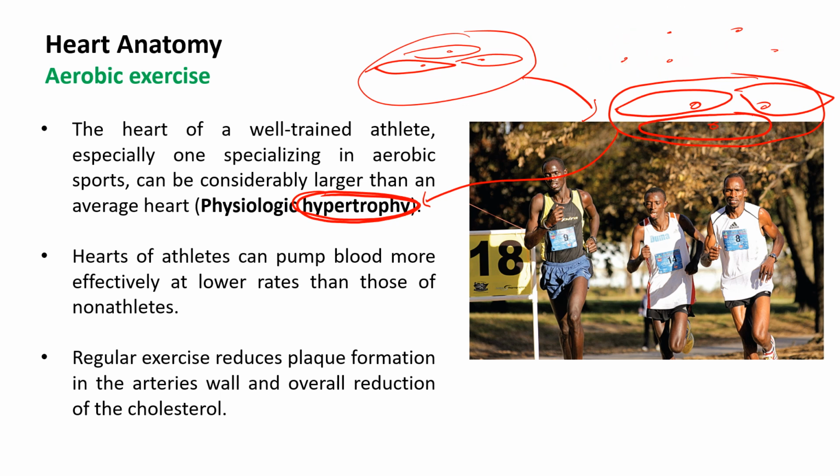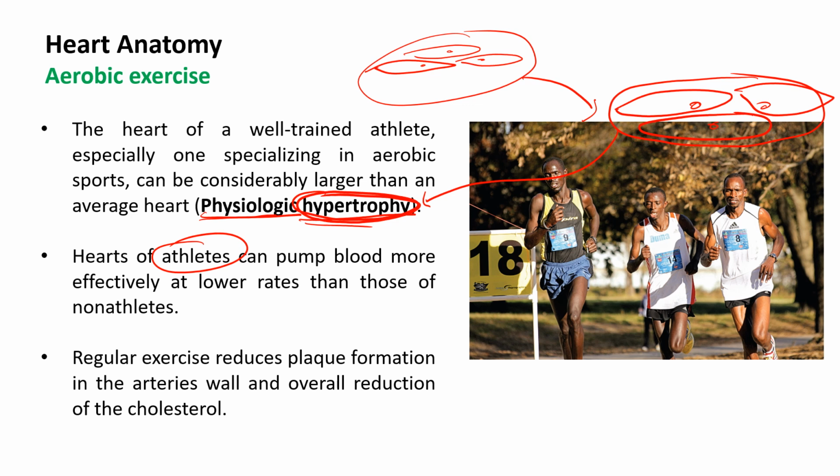Now, we have pathologic hypertrophy, meaning the heart grows and becomes thicker because of abnormal conditions, or we have physiologic hypertrophy, which is the typical enlargement of the heart in people who do a lot of exercise, athletes, and they have thicker muscles.